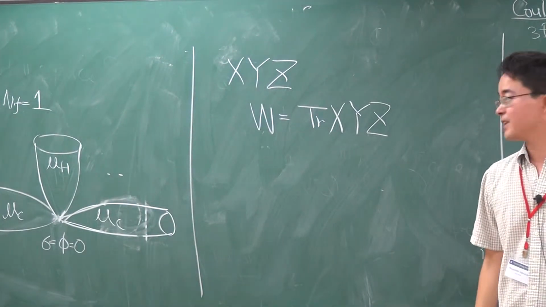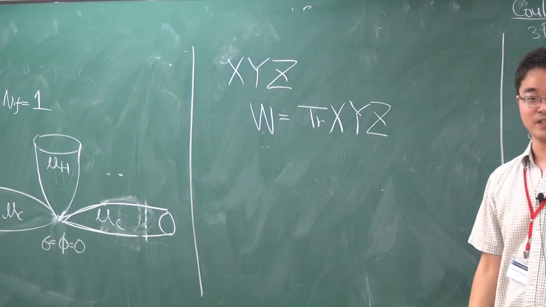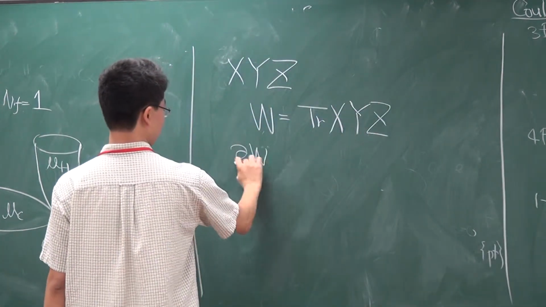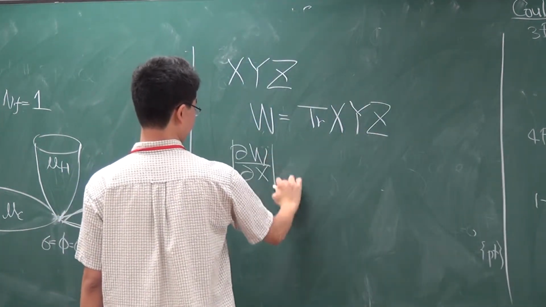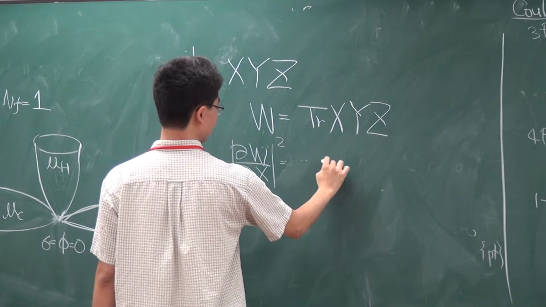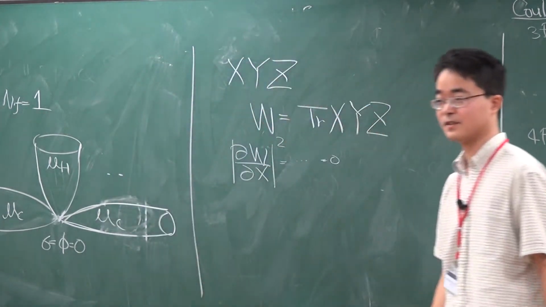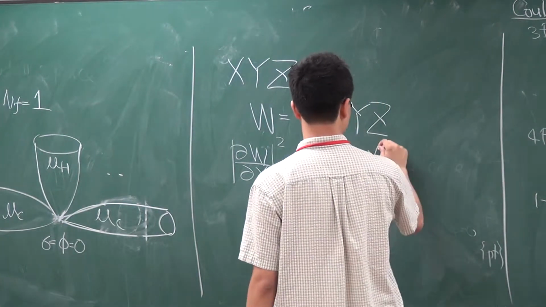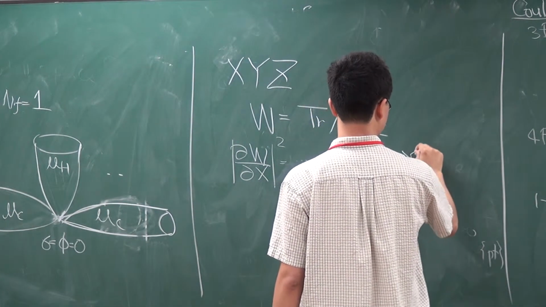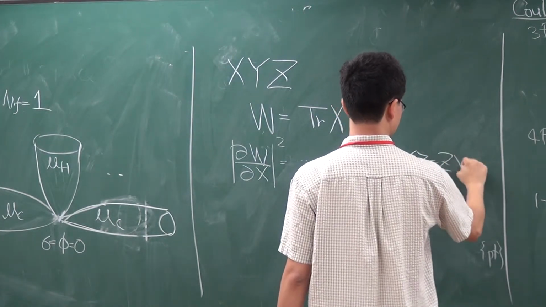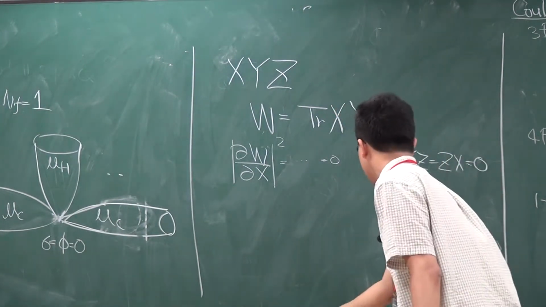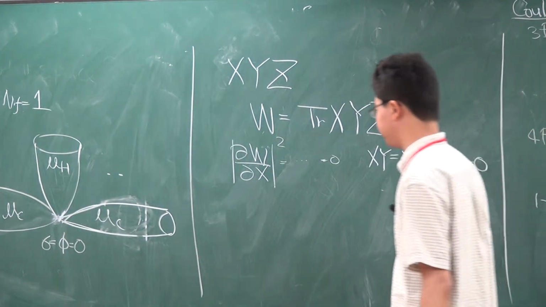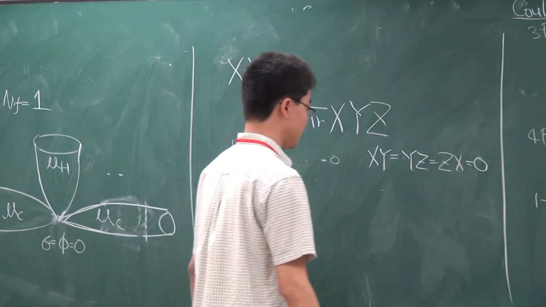Of course, it's easy to identify the vacuum moduli space for this guy, because as is known very well in supersymmetry, the vacuum moduli space is where the F-terms vanish, the same for all x, y, and z. So this is the branch where, explicitly writing, xy equals yz equals zx equals 0.